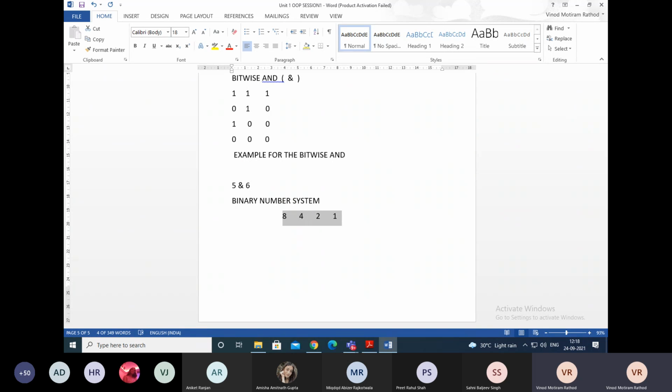You may have learned this in the digital subject. That is 2 to the power 0, 2 to the power 1, 2 to the power 2, 2 to the power 3.